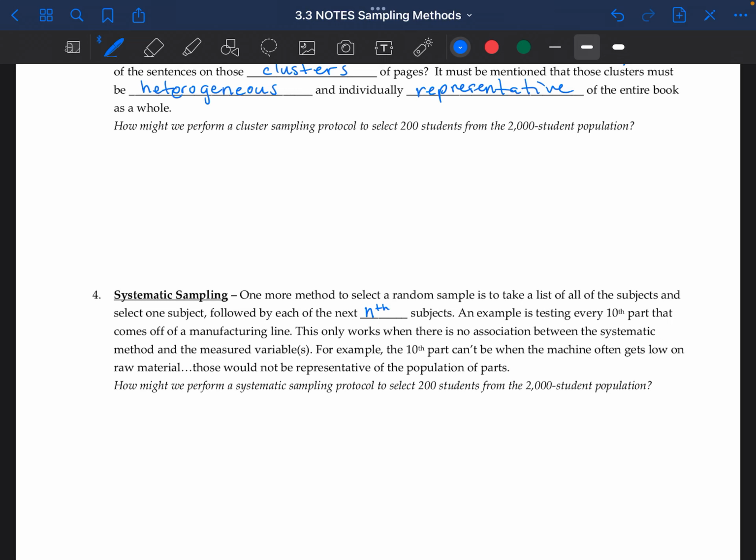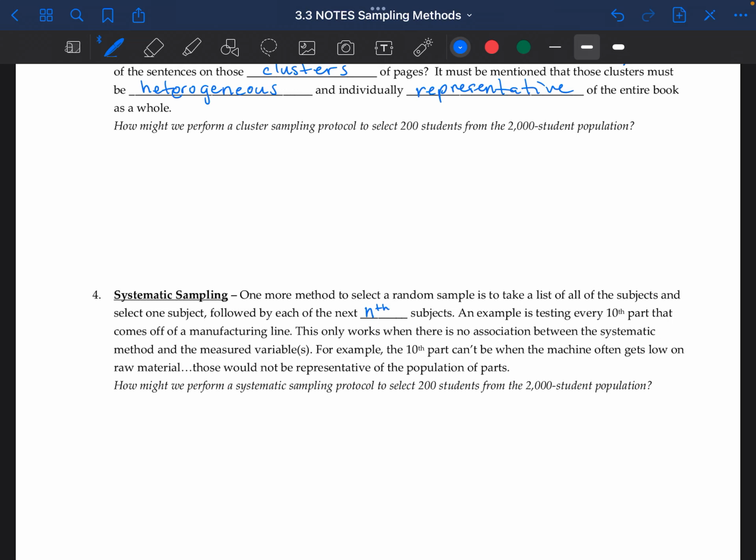Let's say you check the floor heater, and every 10th part is when it runs out of a cord element, and you go to plug it in and it doesn't work anymore. That'd be a problem, obviously. You need to make sure you're not choosing the poorest or best from it all.